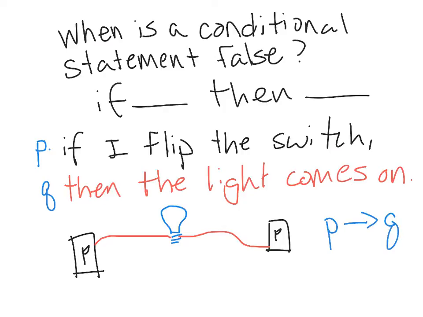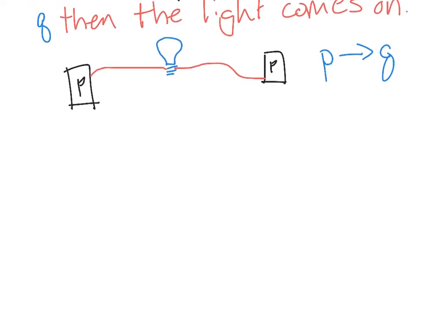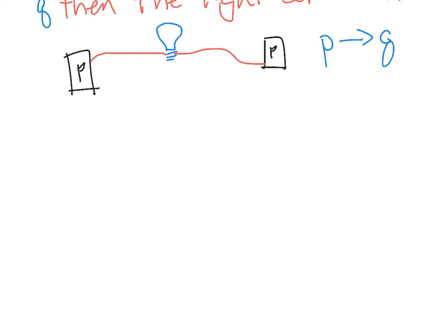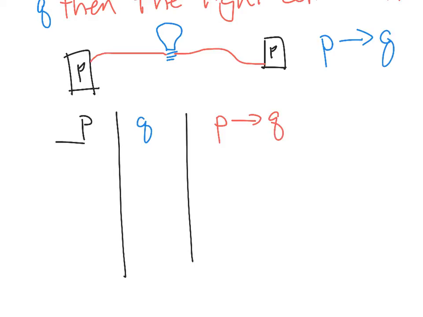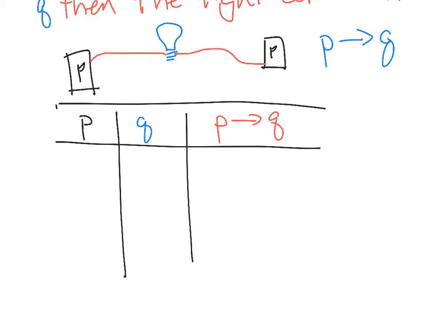And let's make a little truth table to take a look at how this works. First, in our truth table, we have P, and then we have Q, and then we have P implies Q. I'll make a little table here. P could be true and Q could be true.